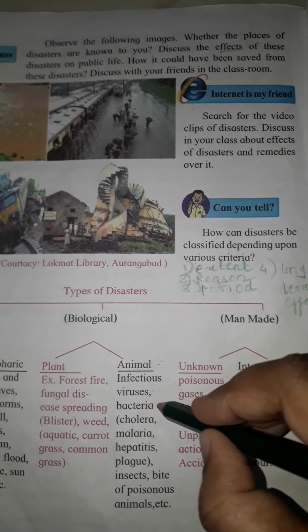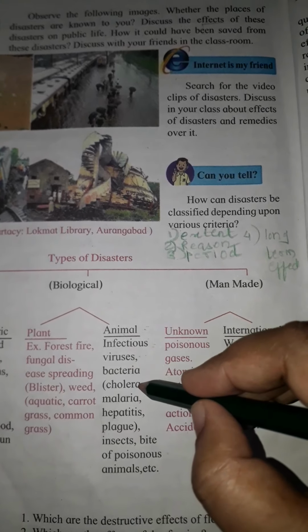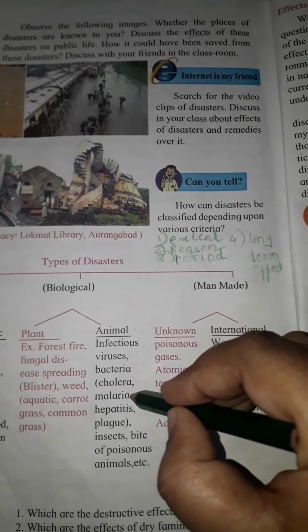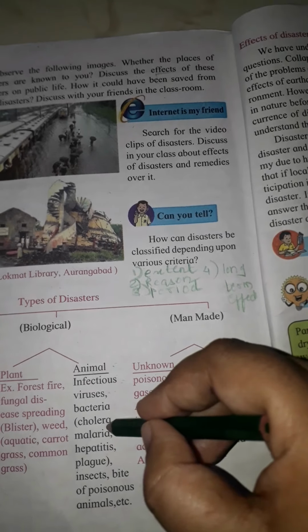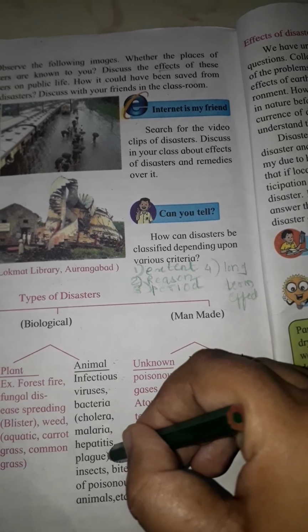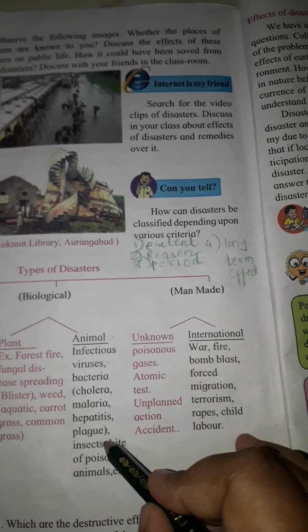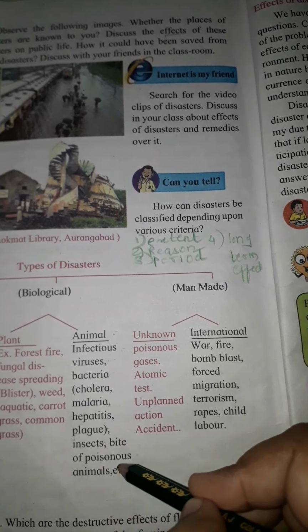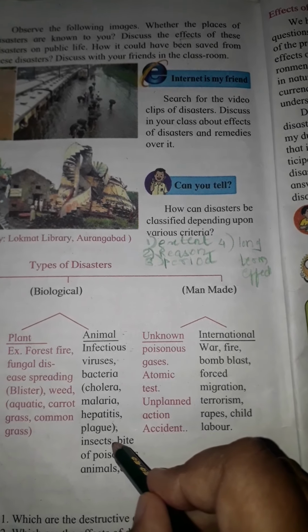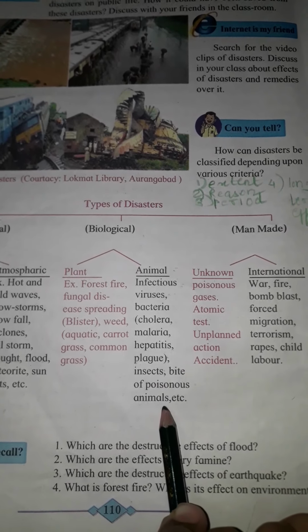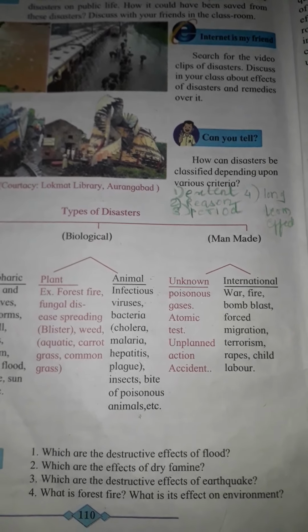Bacteria, like for example bacteria of diseases like cholera, malaria, hepatitis, and plague. And as you all know, all these diseases are fatal. Then a few insects, like mosquito or any other insect. Then bites of a few poisonous animals like snake bite may prove disastrous for human beings.